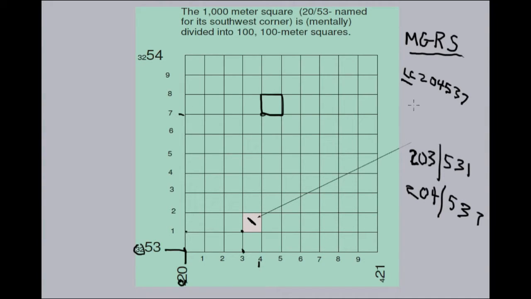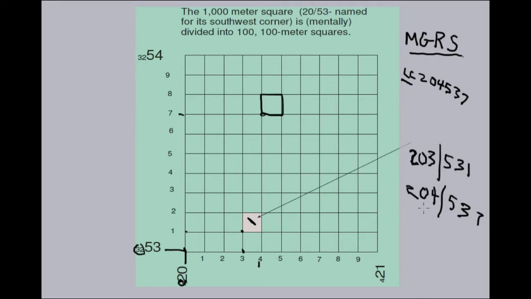Now, I don't know exactly what the letters would be for these particular coordinates, but for illustration purposes, I'll just make something up. I'll say it's LC, or Lima Charlie.